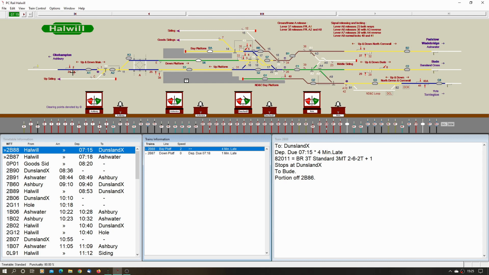And then of course we've got 24, which is the section signal going to Ashbury, and that again has a white stripe. Right, so as soon as this one's cleared the points, we can get the point set for the one going to Ashwater.